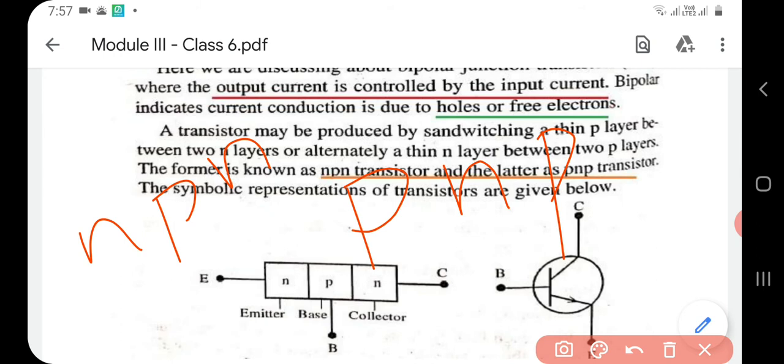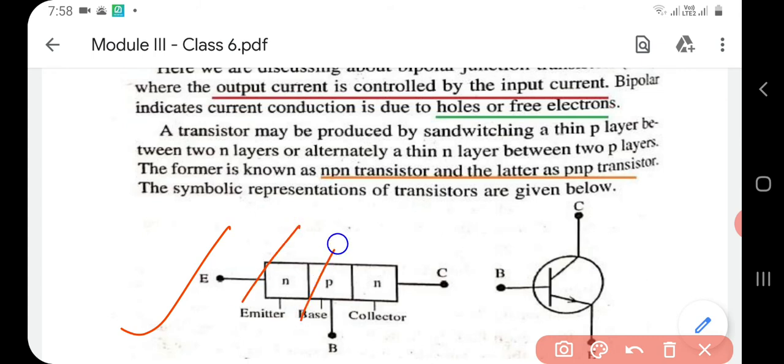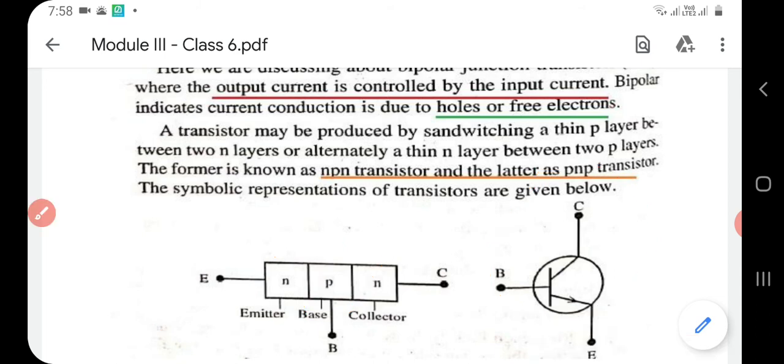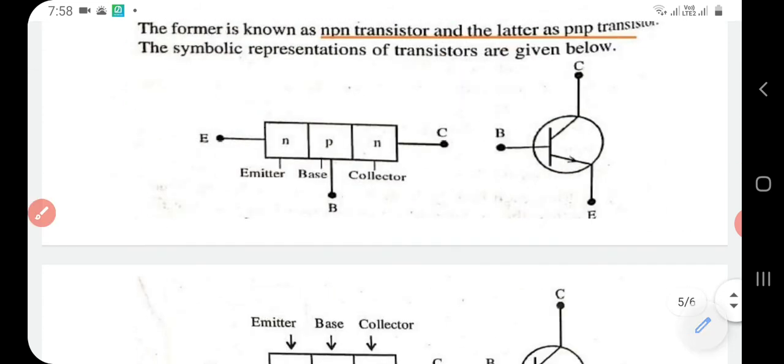Now see the circuit. This is for an NPN transistor, that is, a thin P layer is sandwiched between two N layers. This is the emitter, base, collector. This is the circuit symbol. In the emitter circuit, the arrow is pointing outwards, you can see here.